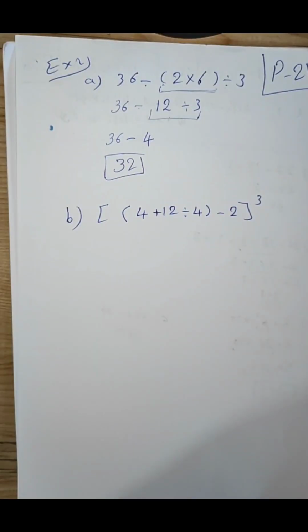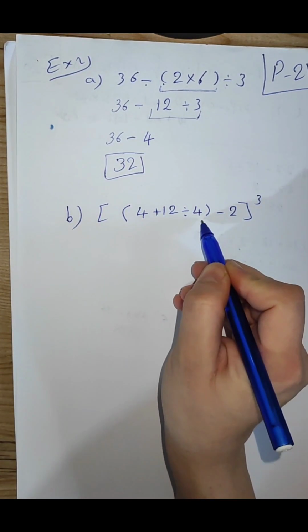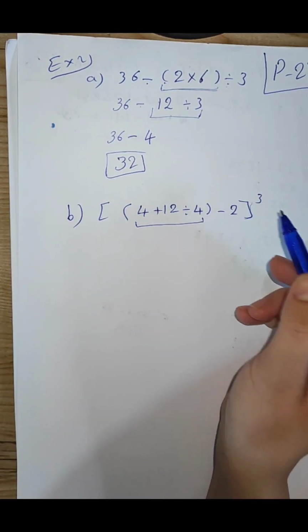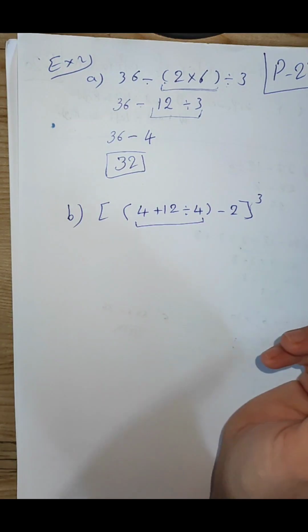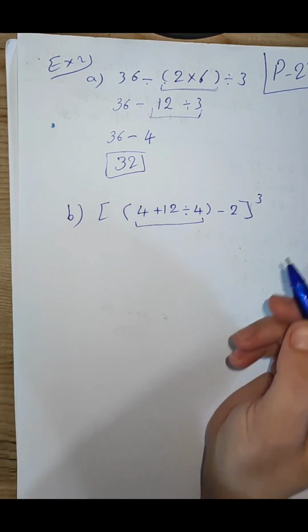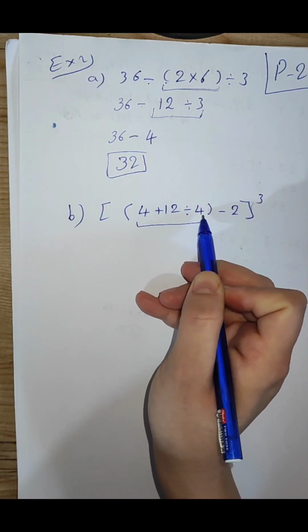This question we have two parentheses and a bracket. Look, okay, first you should solve inside this parenthesis, not this one, because you can't do it. It will be wrong. Okay, 4 plus 12 divided by 4.